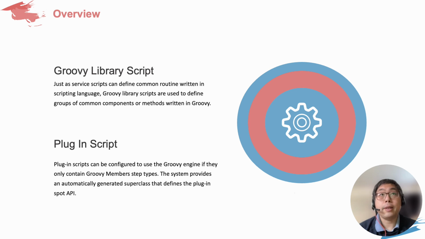One is a library script, which is like a common routine, if you want to build shared functions between your Groovy scripts. Or you can write your Groovy script just to implement the logic, and that could be a script on its own, purely written in Groovy, or it can be embedded into an existing script language.